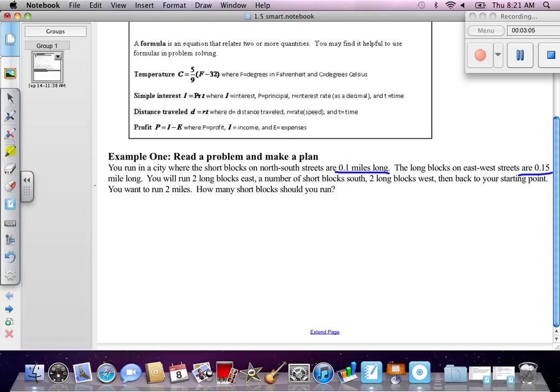All right. So first I'm running 2 blocks east. So that's the long one. So I go east. 1, 2. All right. A number of blocks south, so I don't know how many I'm running south. And 2 long blocks west.